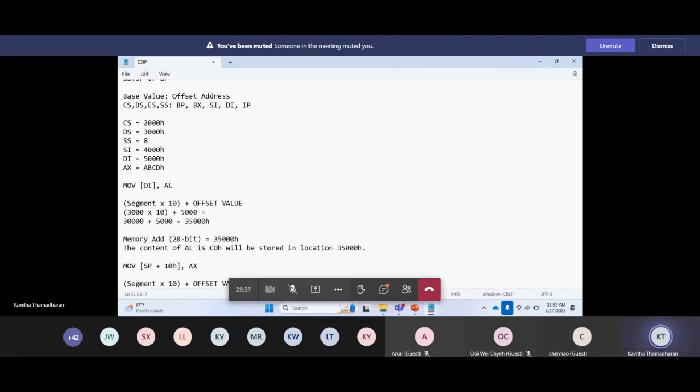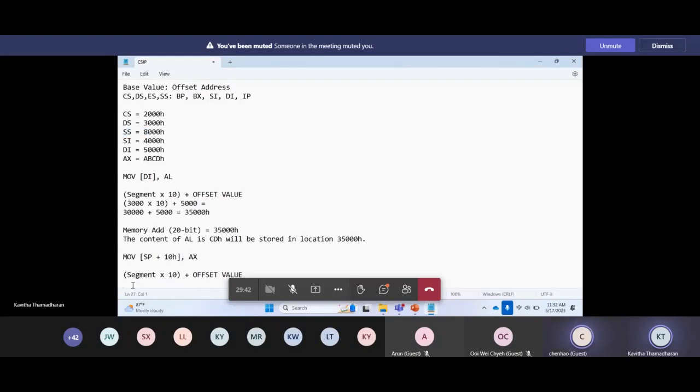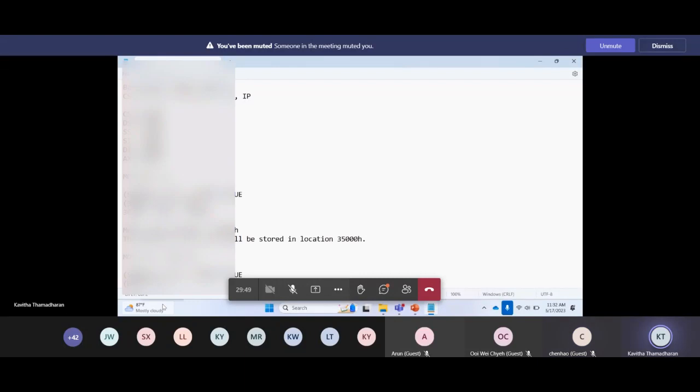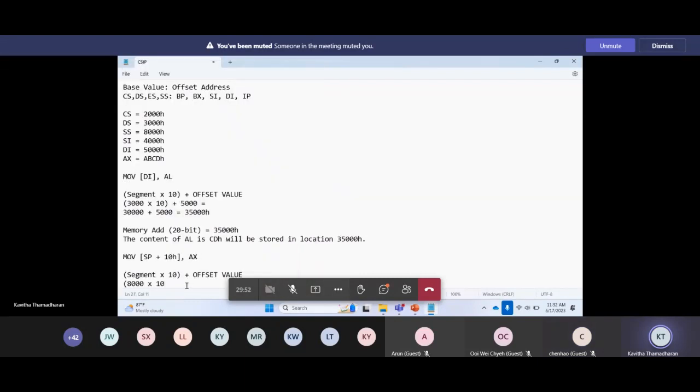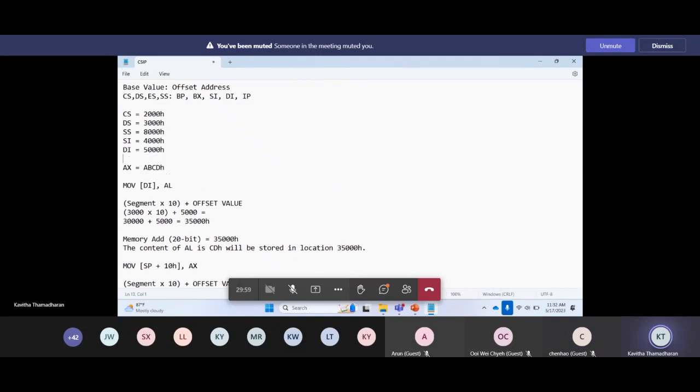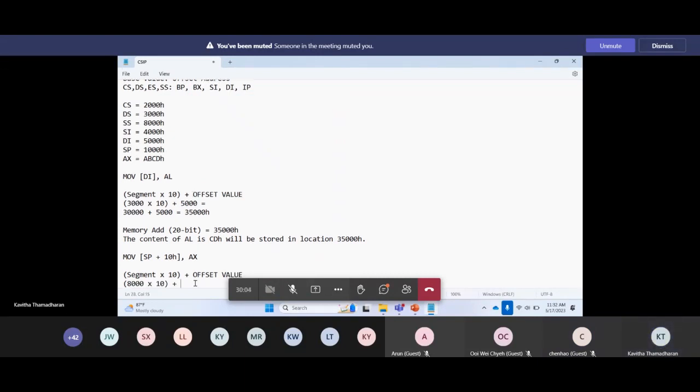Let's assume I give you SS as 8,000. So in my SS, I have 8,000 times 10, plus the offset value. I don't have SP also. Okay, SP, I give you 1,000. In my SP, I have 1,000, plus 10. Can anyone give me the total of this?